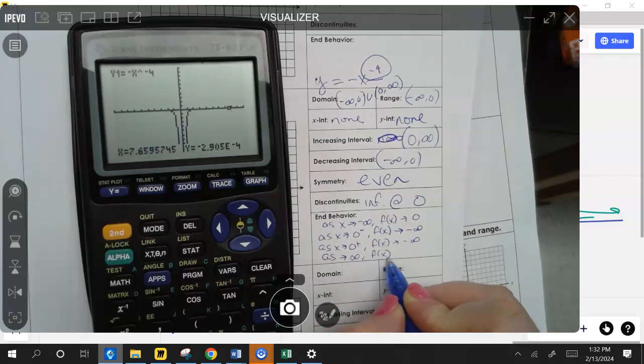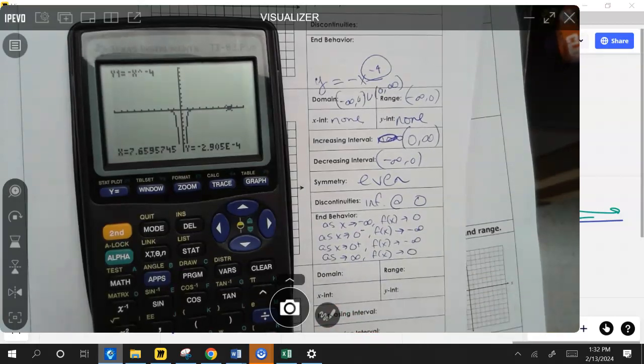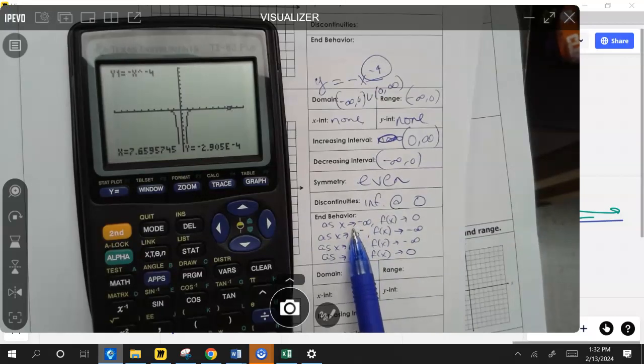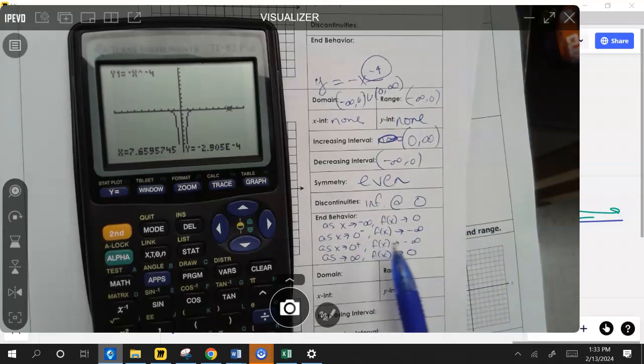There you go. Good. Good. This is actually, when we get to calculus, the definition of a horizontal asymptote, and this is the definition of a vertical asymptote. That's how we can prove that it is or it is not.